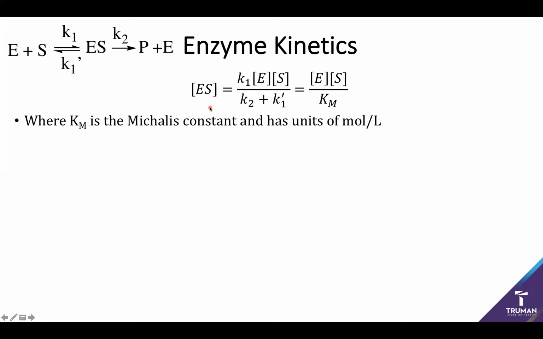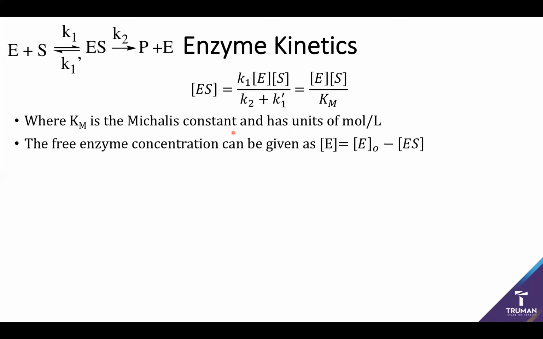So with that put aside, we can complete our analysis by making the approximation that the free enzyme is going to be dictated by the initial enzyme concentration minus any amount of enzyme that's essentially caught up in the enzymatic complex.